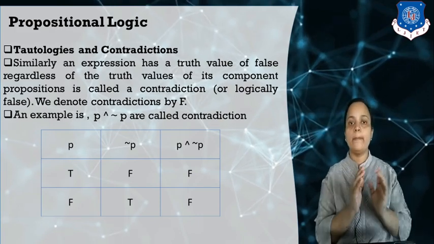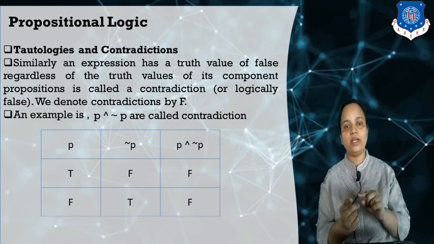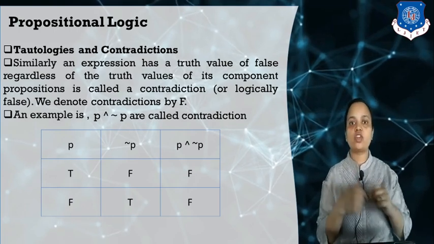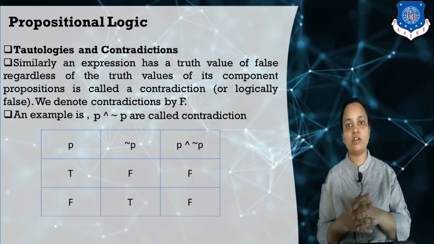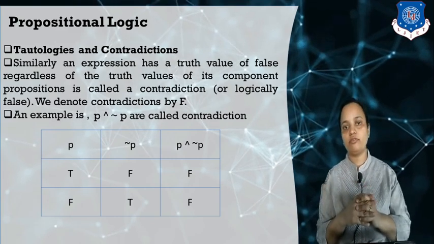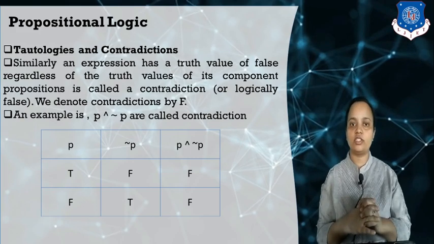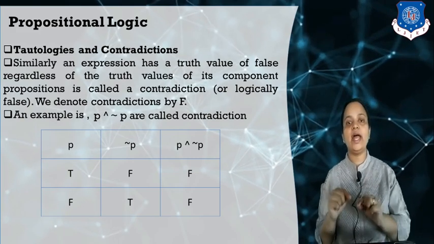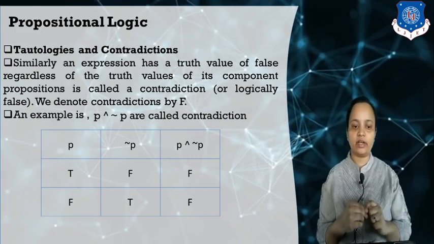If P is true, the complement is false, and if P is false, the complement is true. So P and complement of P is always false. Here you can see that P and complement of P is a contradiction.